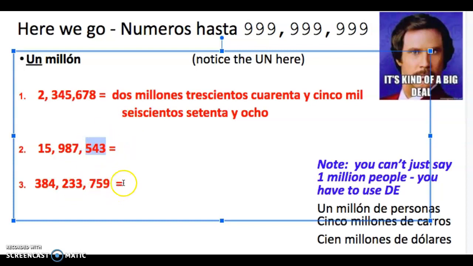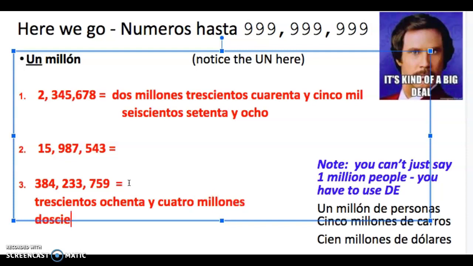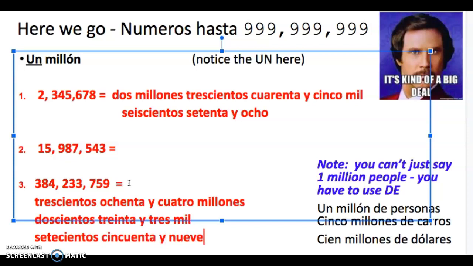That's it. And for my last one, I have hundreds. I have 300, 884 millones. 233,759. So I can use my E's between my tens and my ones, and you can see here how I set it up.